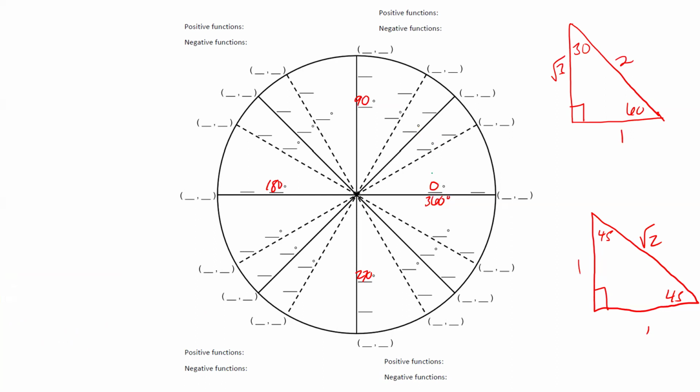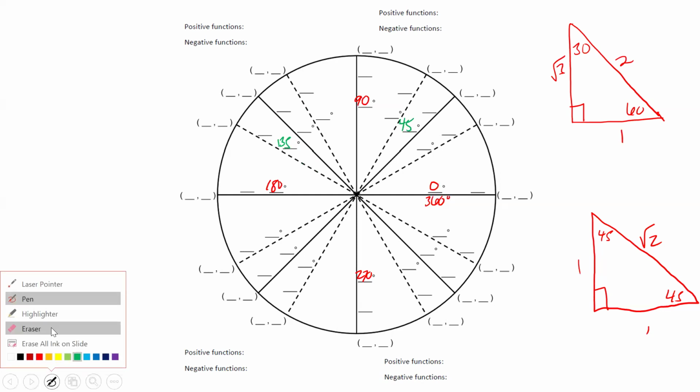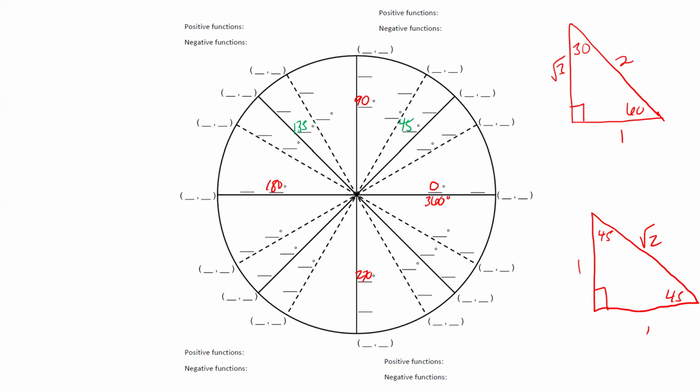Now we're going to do our 45s. Your 45 is halfway between 0 and 90, correct? So we have 45 degrees. And we're going to find the rest. If I'm halfway between 90 and 180, what would be the halfway here? 135.